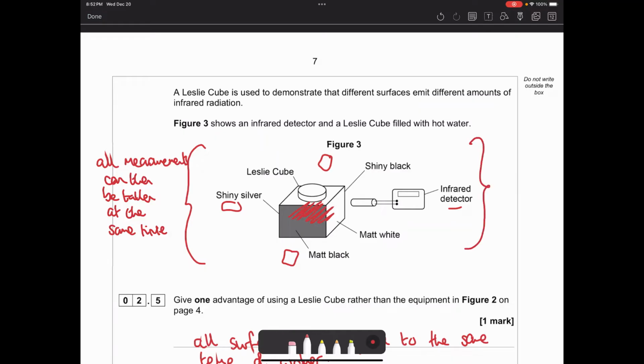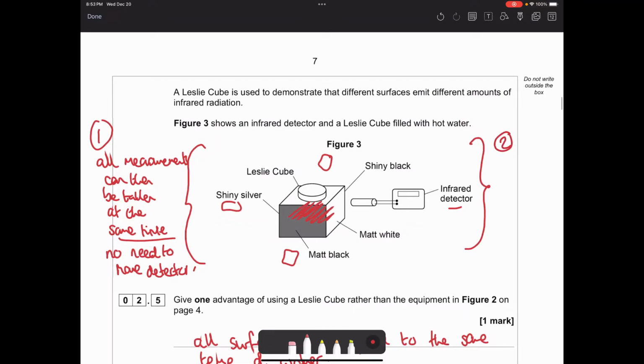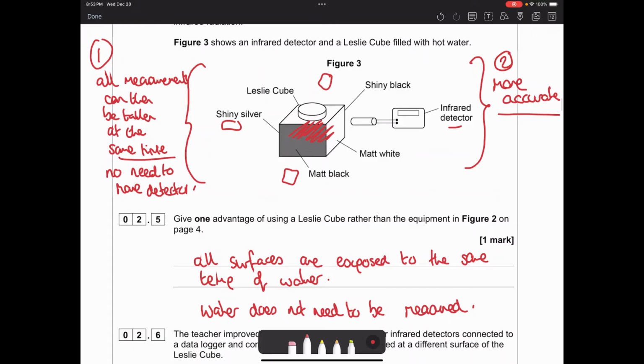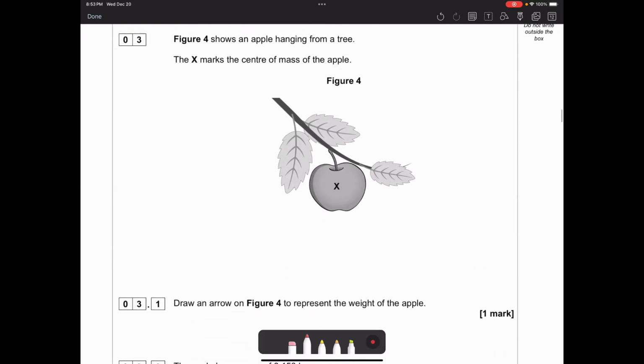You could also say, because they don't move, an advantage is there's no need to move it. That is also allowed. And then for your second mark, because it will be at exactly the same time, the second point is that it's just more accurate, because you'll be closer to your true value. You're basically controlling a control variable for time much more accurately.